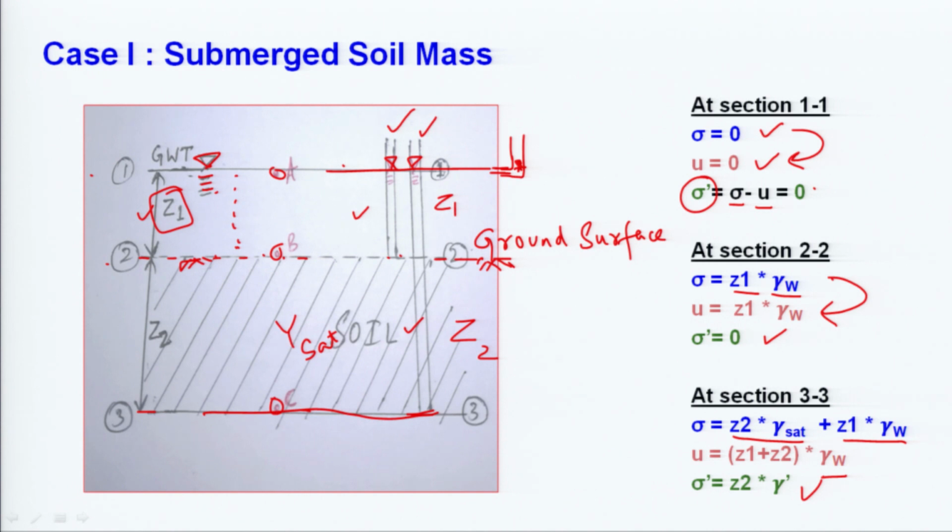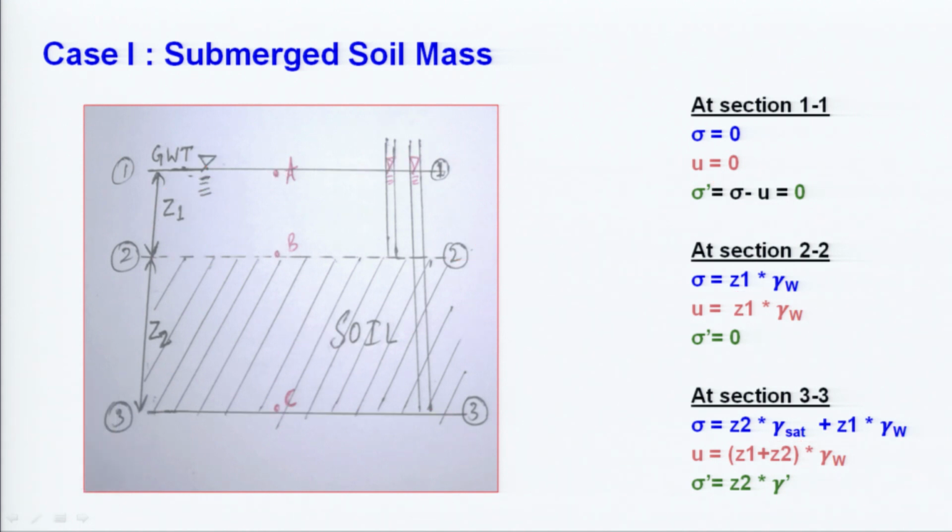You already know this thing, that when we subtract, let us say at section 3, what will be the values of sigma minus u? That is Z1 gamma W plus Z2 gamma saturated minus the u value. The u value is what?